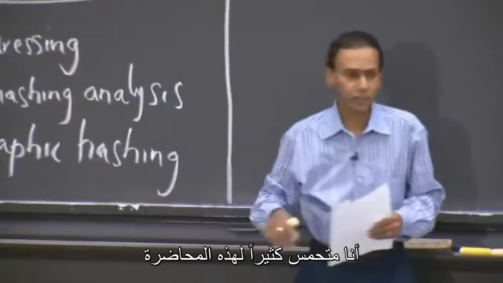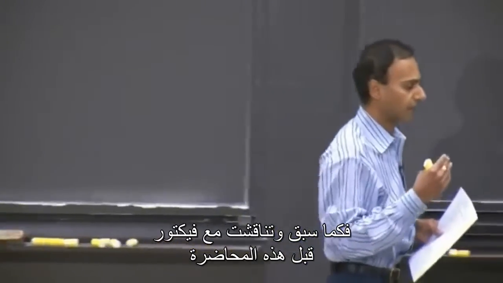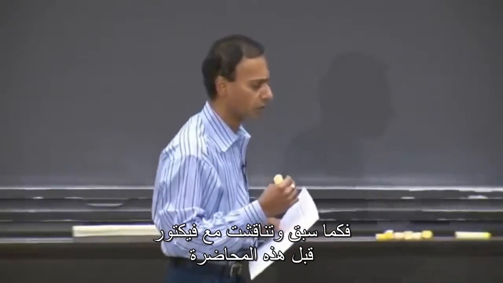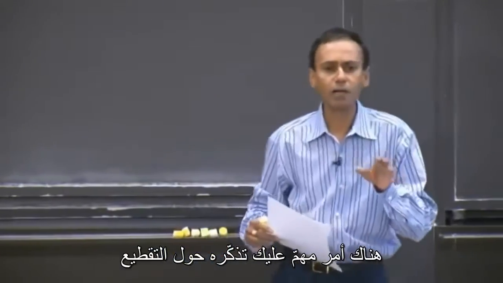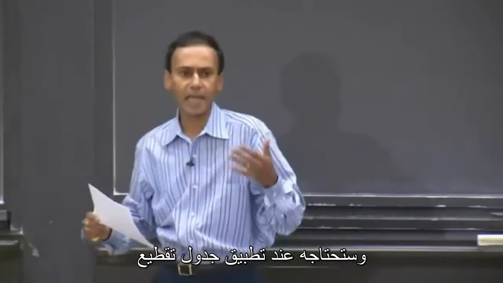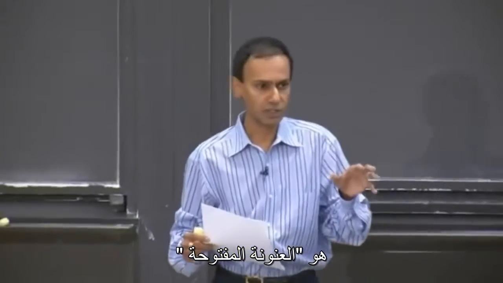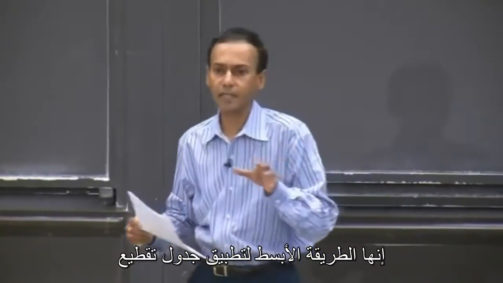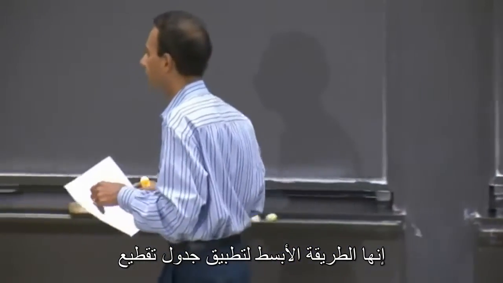All right? So hashing, I'm pretty excited about this lecture because I think, as I was talking with Victor just before this, if there's one thing you want to remember about hashing and you want to go implement a hash table, it's open addressing. It's the simplest way that you can possibly implement a hash table.